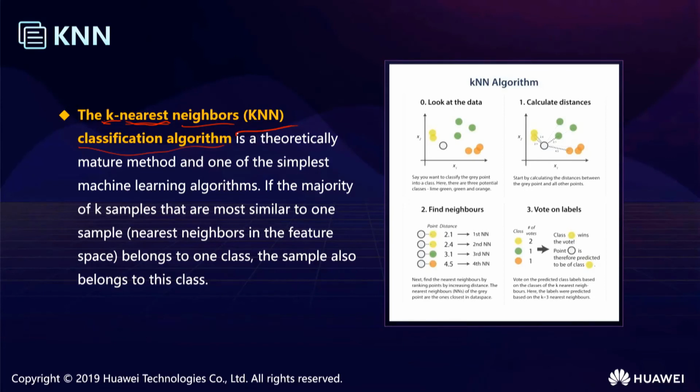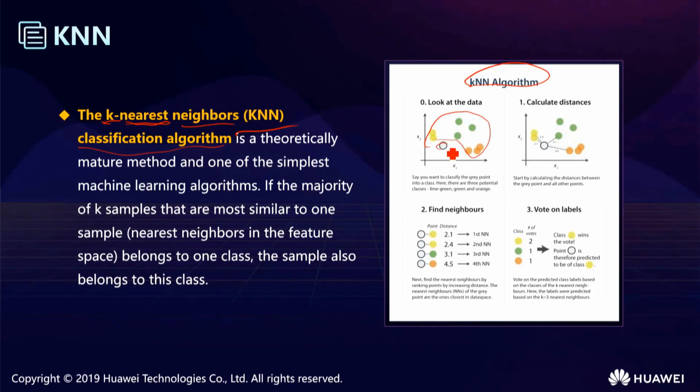If the majority of the k samples most similar to a sample belong to one class, the sample also belongs to that class. Let's look at the picture and see the process of the KNN algorithm. This is our training data, and this is the test data.